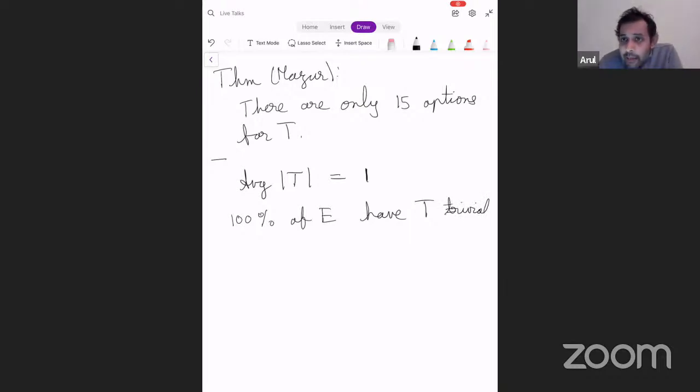Now, there are an infinite number of elliptic curves, which are still just 0%, that can have other possibilities for T. So, for example, Z mod 2Z can occur, Z mod 4Z can occur. There are infinitely many elliptic curves that don't have T trivial, but 100% of E do have T trivial.